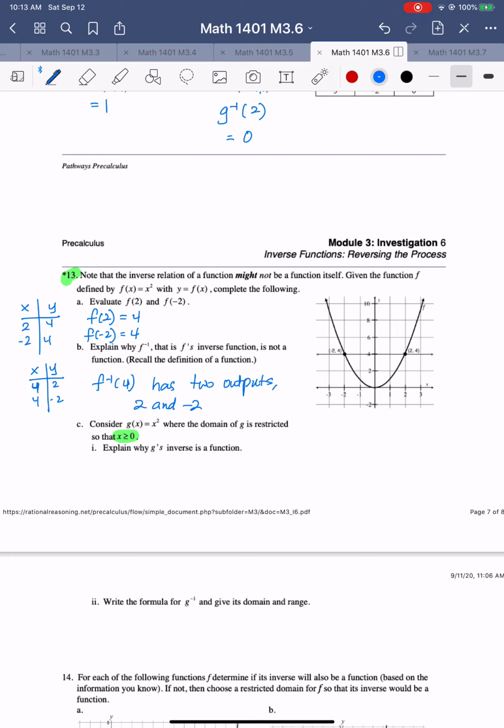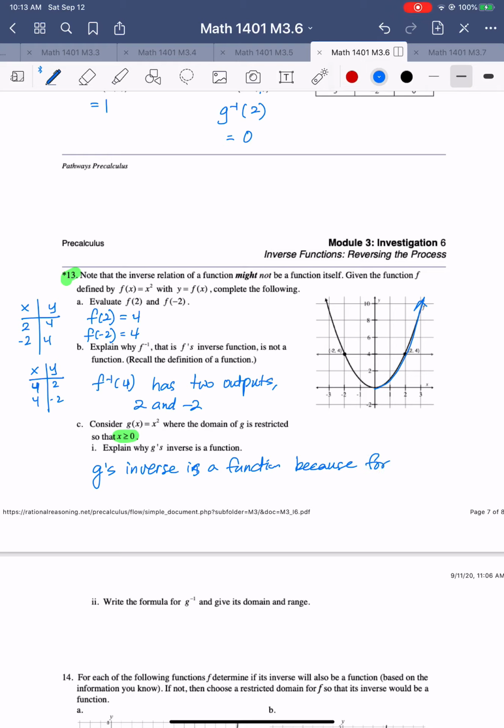Because g's inverse is a function. Now we are looking at only this one, okay? It's the positive one.